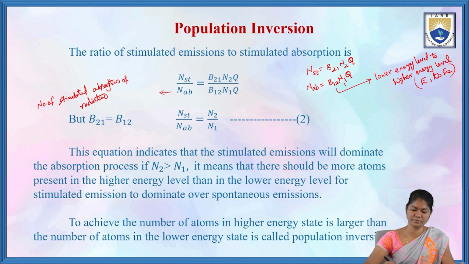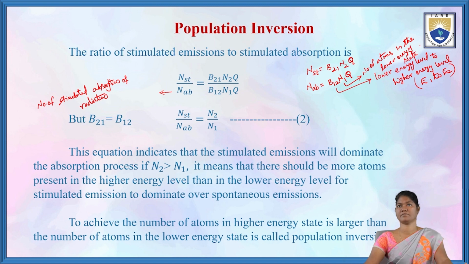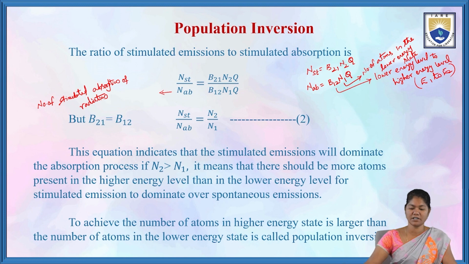N1 is the number of atoms in the lower energy state, and Q is the incident photon density.